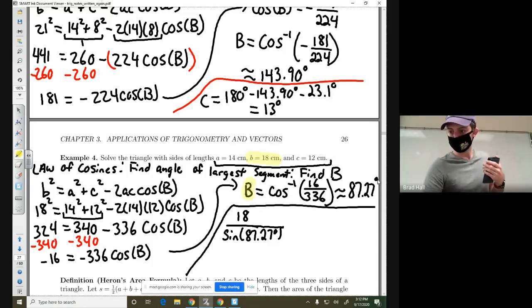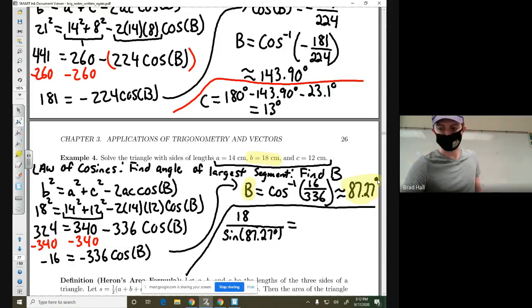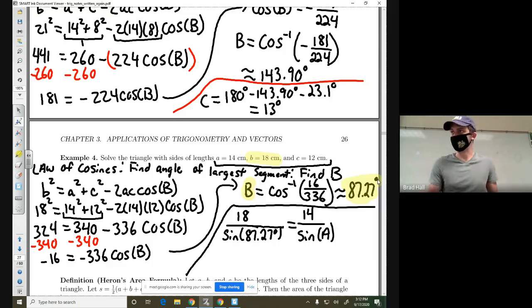Capital B is the 87, so they correspond. So that is a completed ratio. And then we can use that to help us find whichever other angle we want. And this one, it really doesn't matter. So just pick A, doesn't matter. And I pick 14 because that's little a.